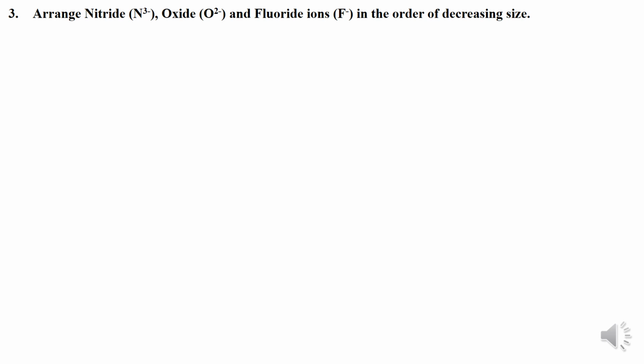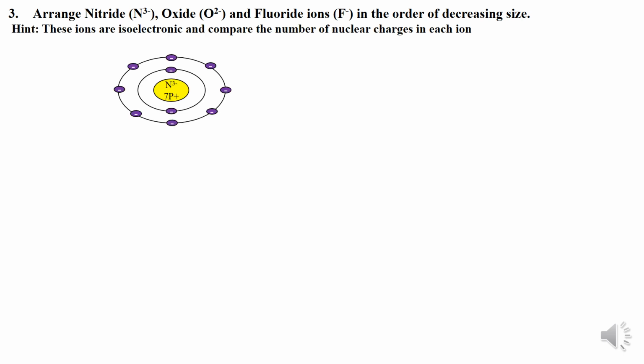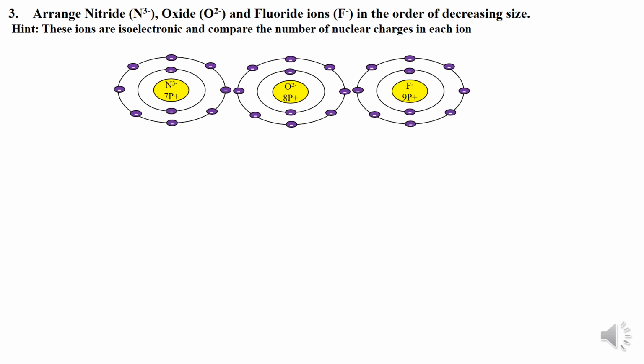Now moving on to the next question: arrange nitride, oxide and fluoride ions in the order of decreasing size. The ions in question are nitride ion, oxide ion and fluoride ion.